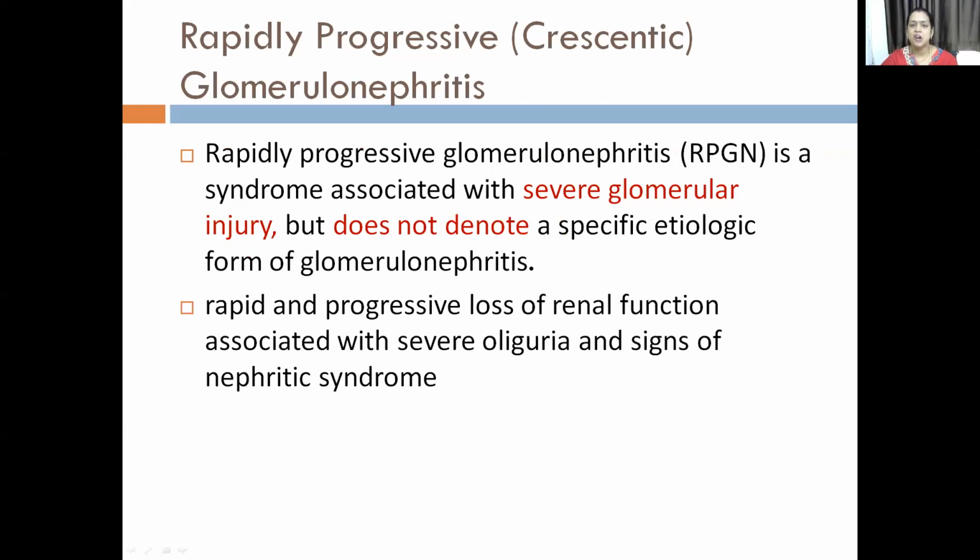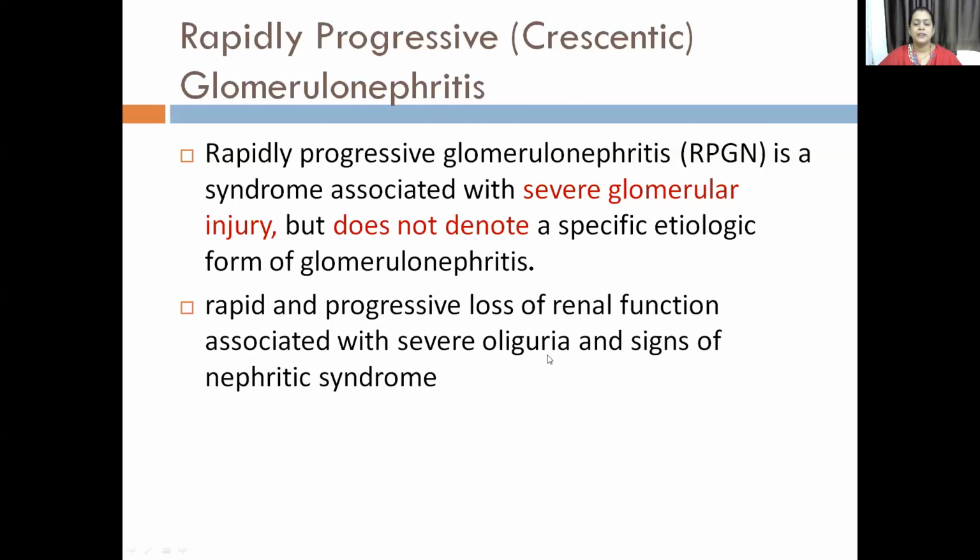That means RPGN is not giving you a clue about whether it is streptococcal or non-streptococcal. Anything may lead to it. The final result of all the types of nephritis is RPGN if not treated.